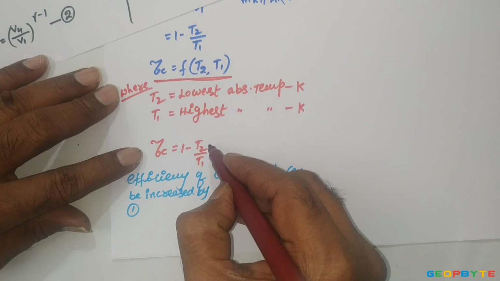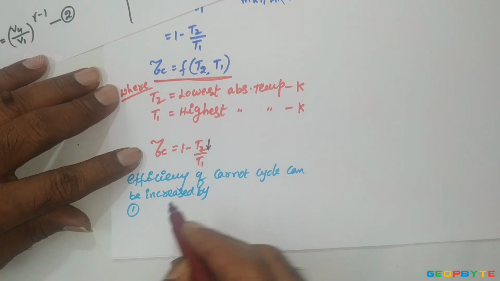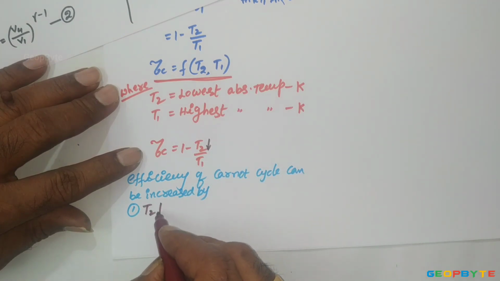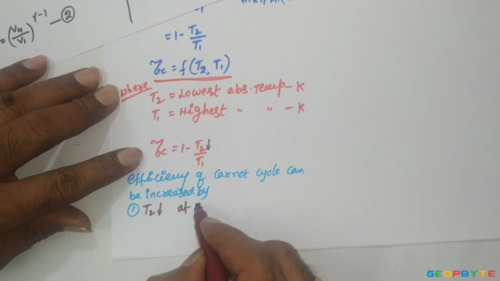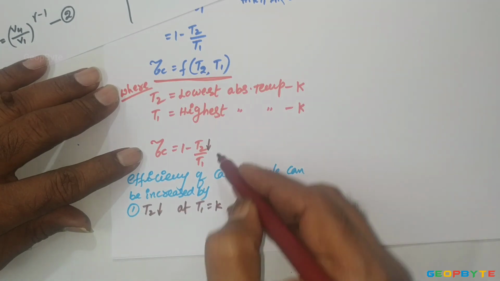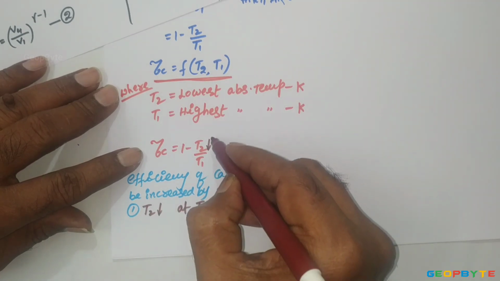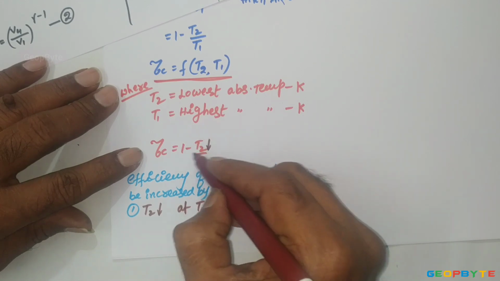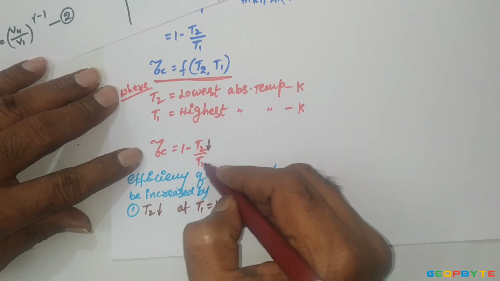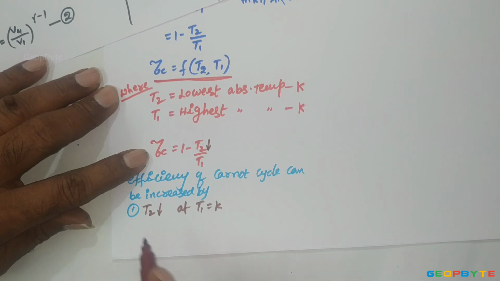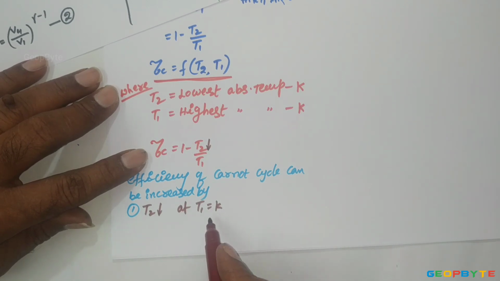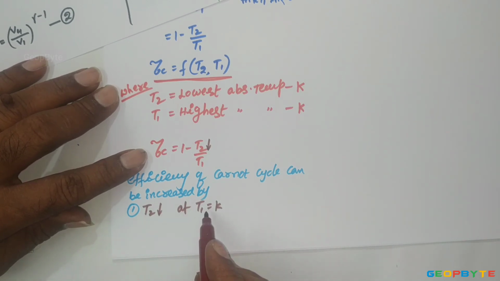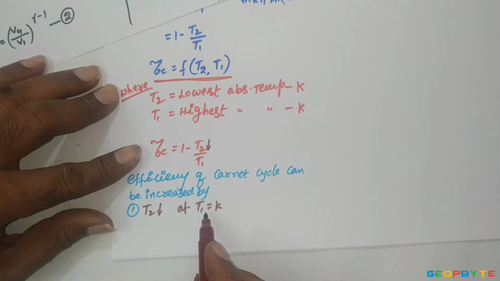For example, if I decrease T2 at constant T1, this factor is decreasing. 1 minus a decreasing value will increase the efficiency. This is the first option for you for increasing the efficiency of the Carnot cycle.